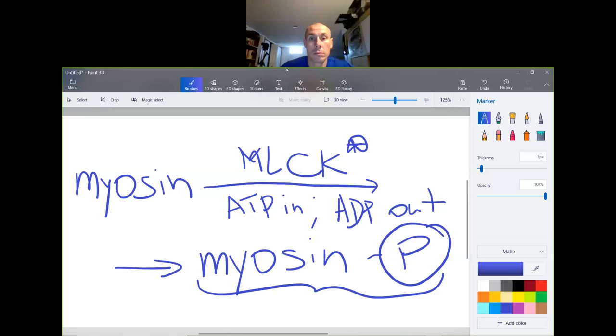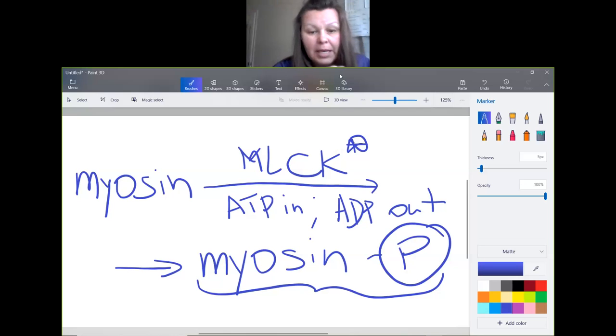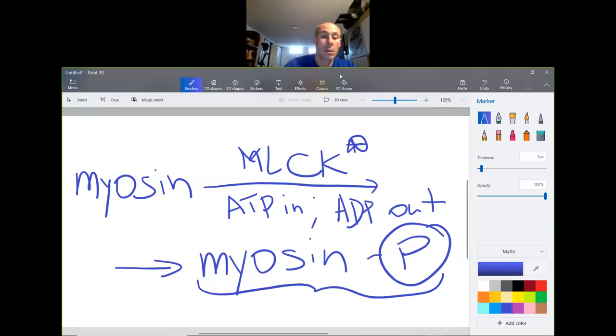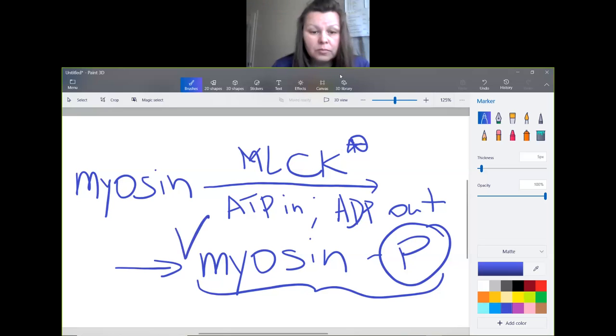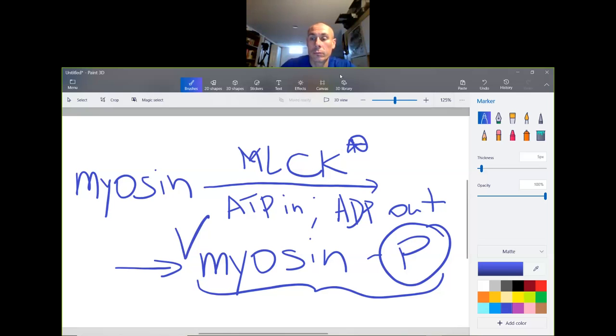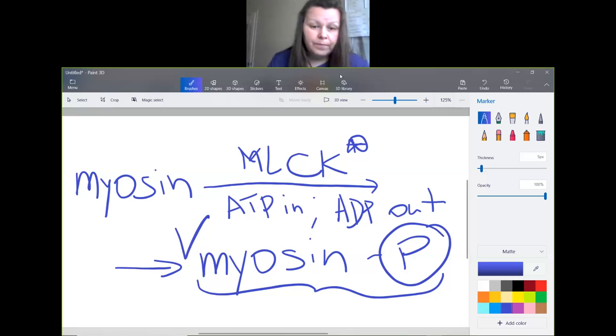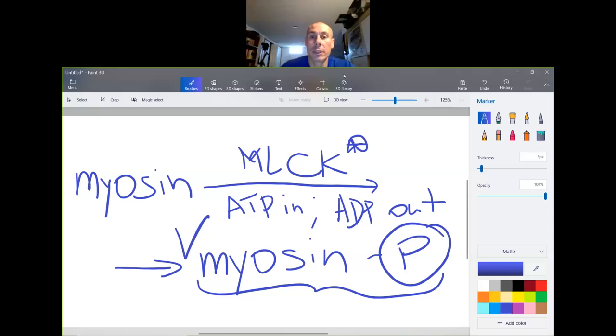Good. That's at this point right here, contraction can start. Yes, myosin is now capable of doing the contraction. But we have to clear up first.